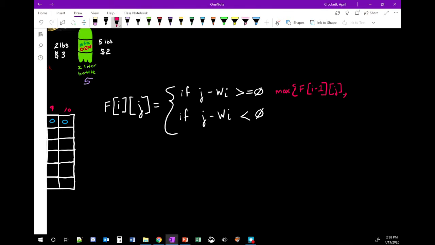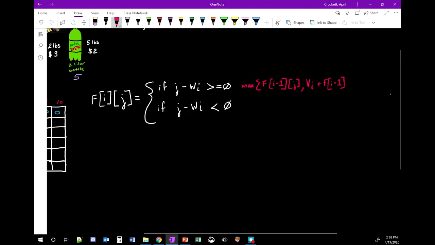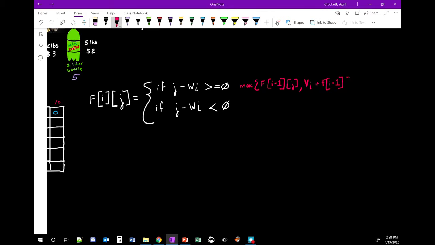So either that or V of I, that's our value of item I, plus f of I minus 1, j minus wi.